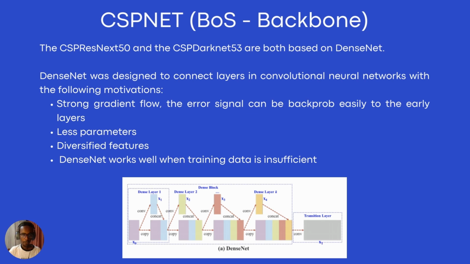As we have seen in the video about the structure of YOLO, we have already scratched the surface of the cross-stage partial network, or CSPNet. And the CSPResNeXt50 and the CSPDarknet53 are both based on DenseNet. And DenseNet was designed to connect layers in convolutional neural networks with the following motivations.